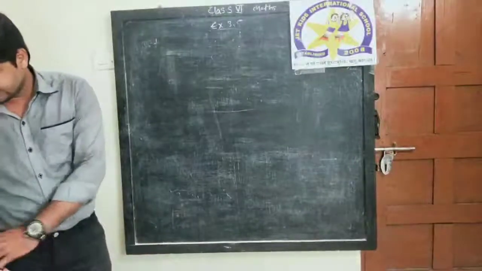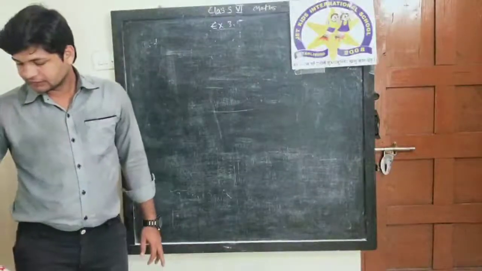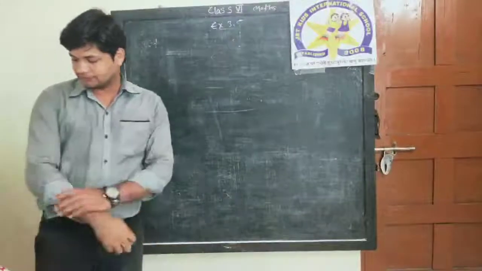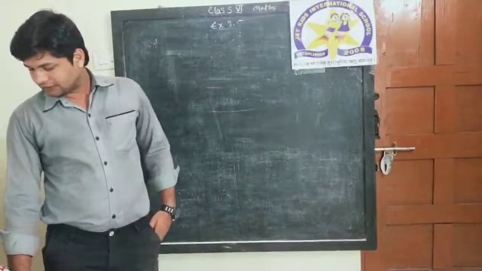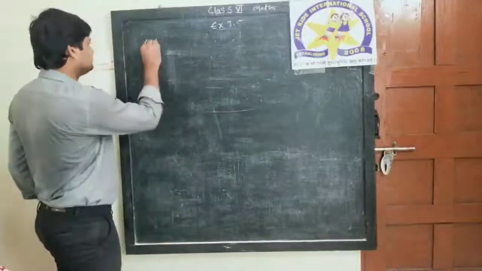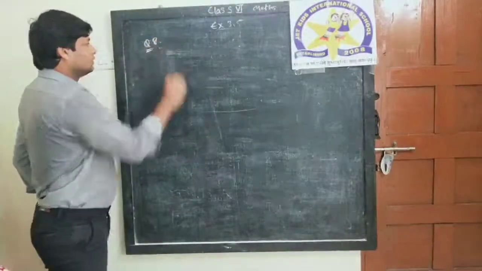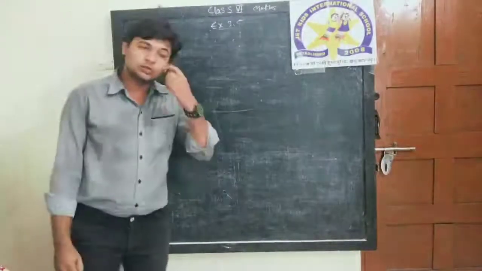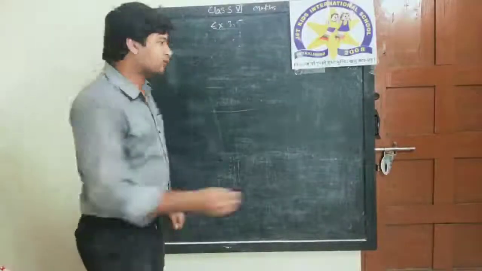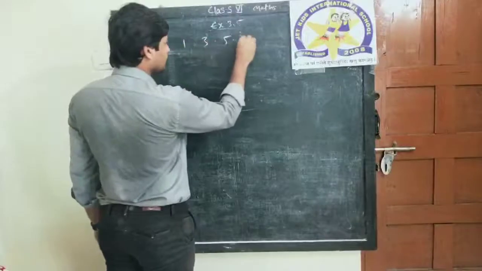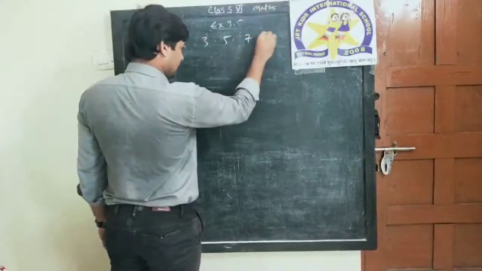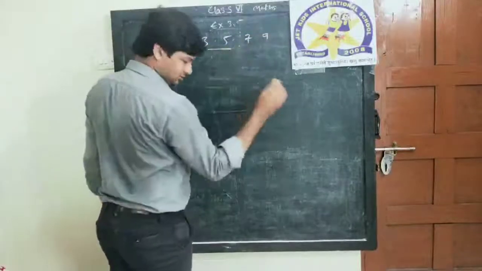Next question, that is question number 8. The sum of two consecutive odd numbers is divisible by 4. Verify the statement. For example, odd numbers are 1, 3, 5, 7, 9. So two consecutive means 3 and 5.